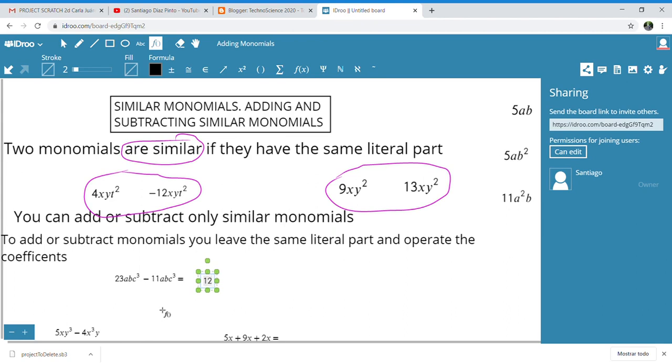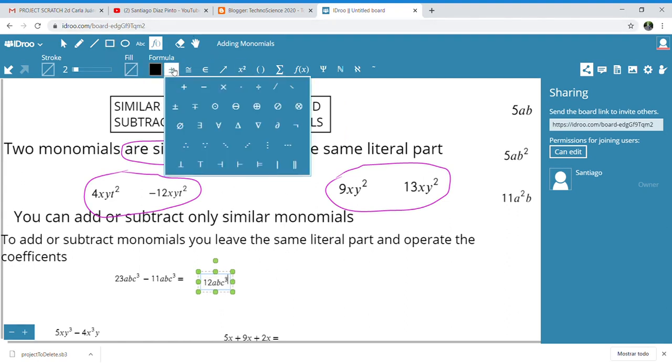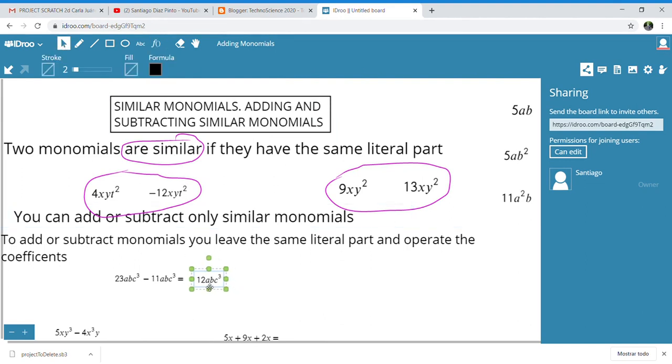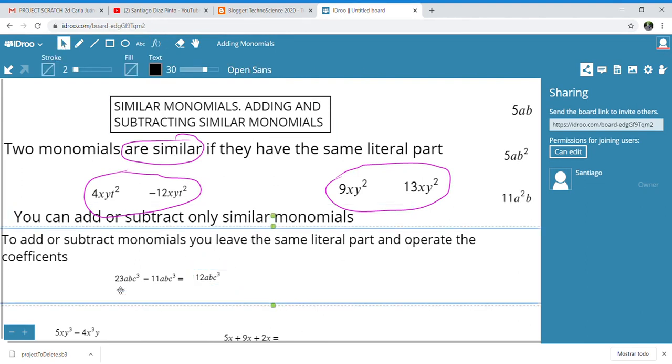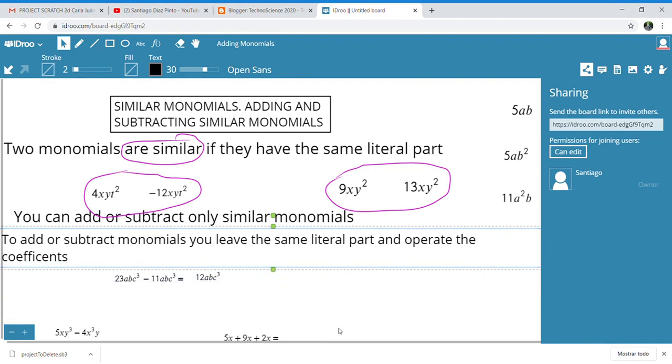So we leave the same literal part, A, B, C to the power of 3. So 23 ABC cube minus 11 ABC cube equals 12 ABC cube, right? It's the same as what you studied in school, that you can add or subtract apples, but you cannot add apples plus bananas or plus peaches, right?